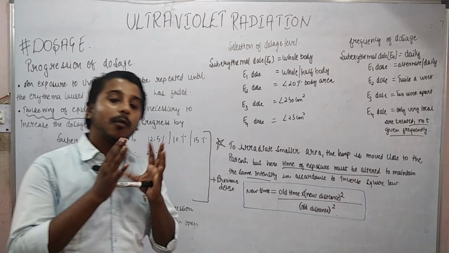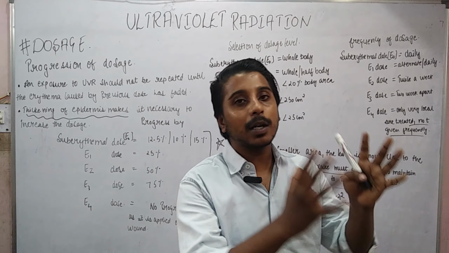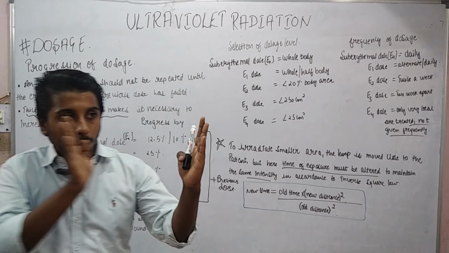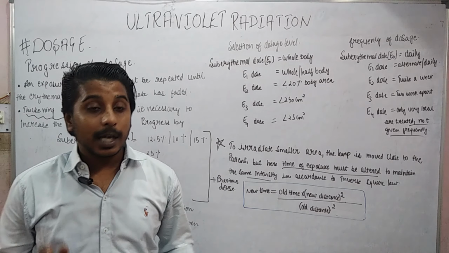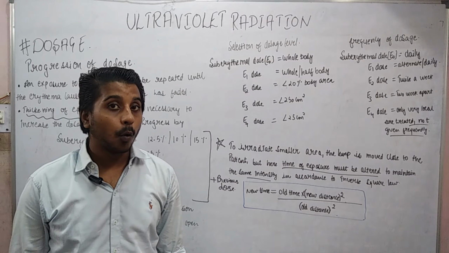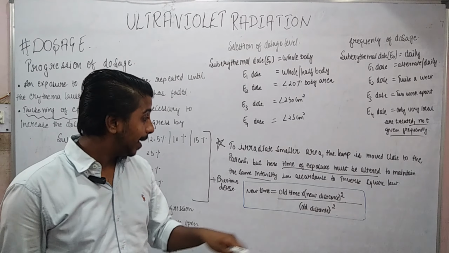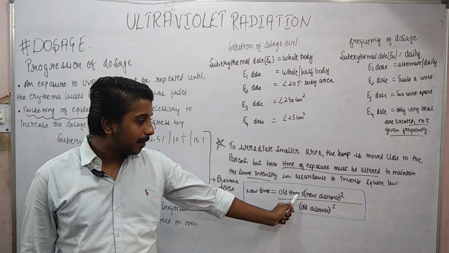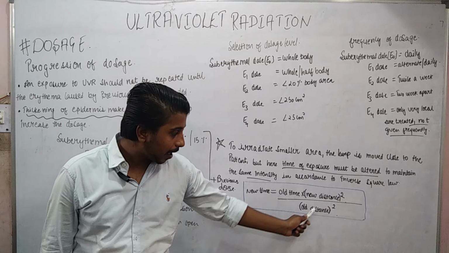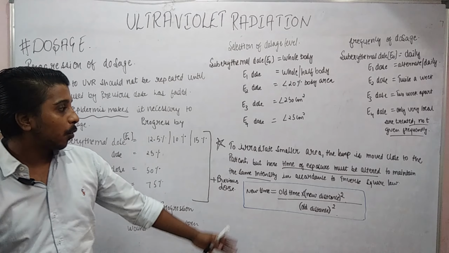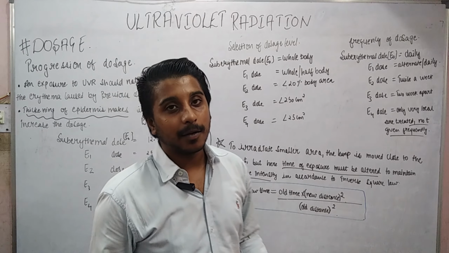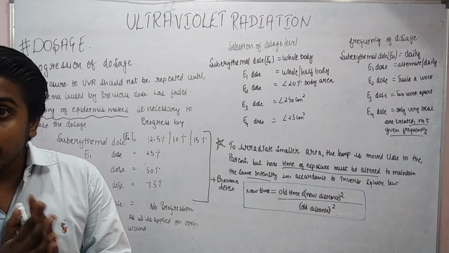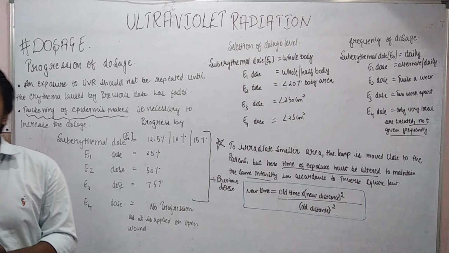As we move the lamp close, the time must be reduced. So the new time can be calculated as old time times new distance squared upon old distance squared. This is the formula to calculate the new timing when we reposition the UV lamp.